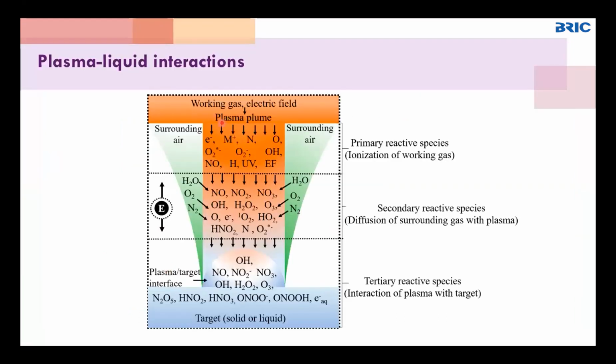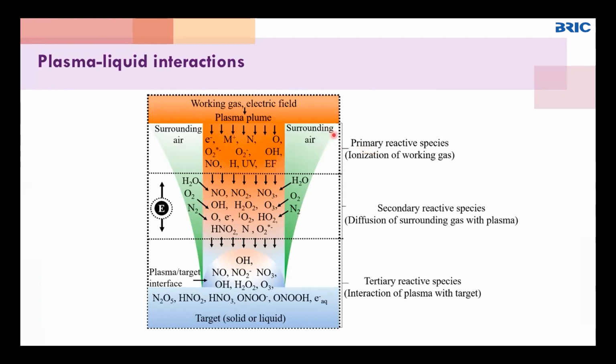So this is about plasma-liquid interactions. Basically, when plasma is generated on the surface of a device, it creates atomic species, mainly electrons, and some kind of OH, also some very short-lived species such as superoxide and NO, and a little amount of UV, as well as a little amount of electric field.